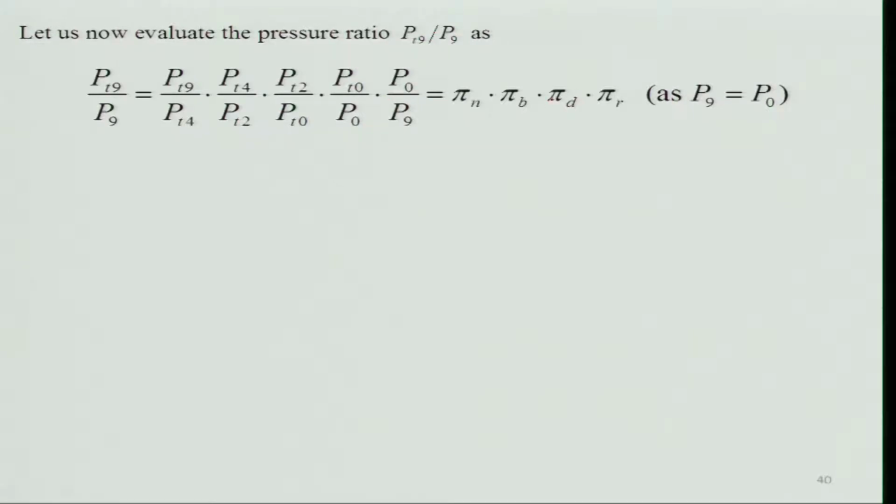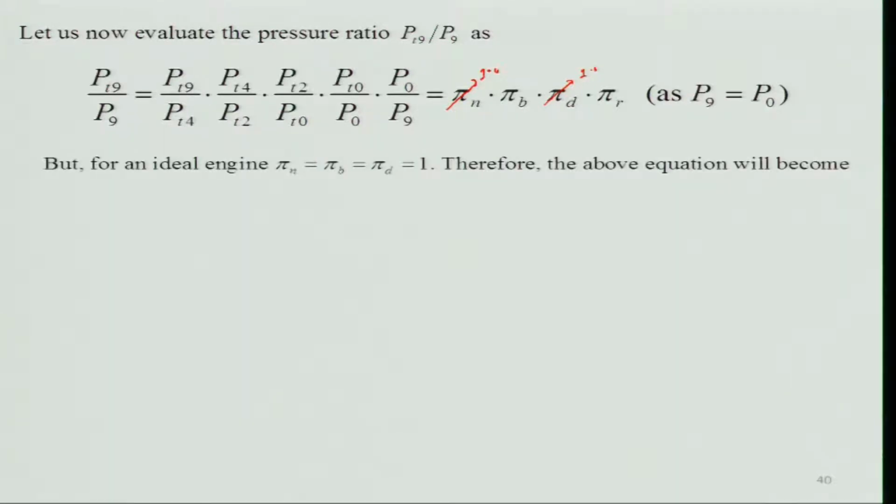So if you look at this, phi d will be what? Phi d will be 1, right? Phi n will be 1. And what about pi b? Can I say it is 1? Right? And pi b will also be 1, because there is no total pressure loss in the burner, so this will also be 1.